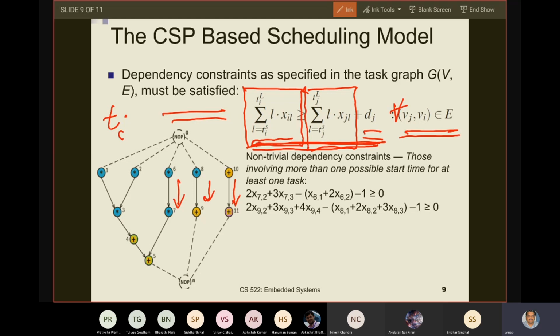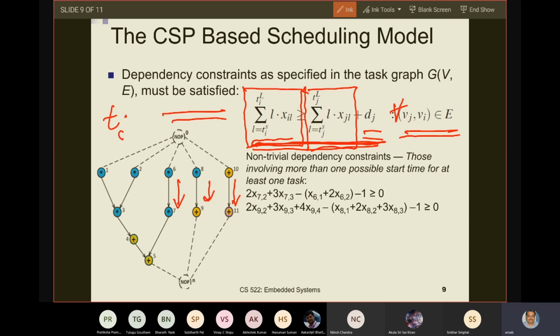The constraint on this edge is saying that if you start the 7th task at time step 2, you must start the 6th task at time step 1. Otherwise, my constraint will be violated. Because if 2 into x72 plus 3 into x73 equals 2, then if x61 plus 2 into x62 is not equal to 1, my constraint will be violated.